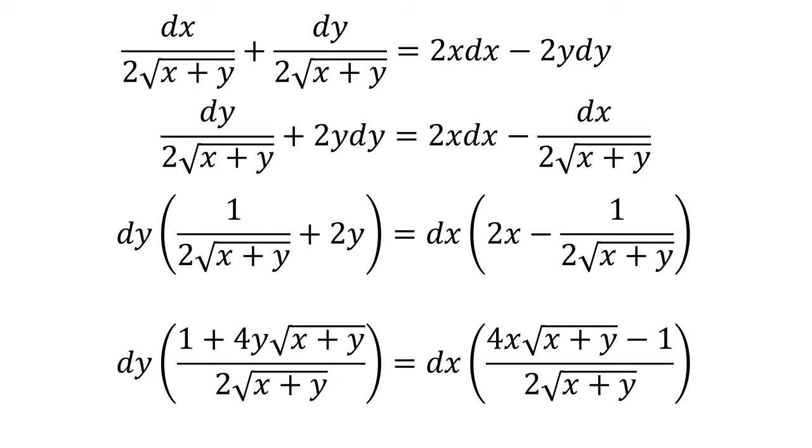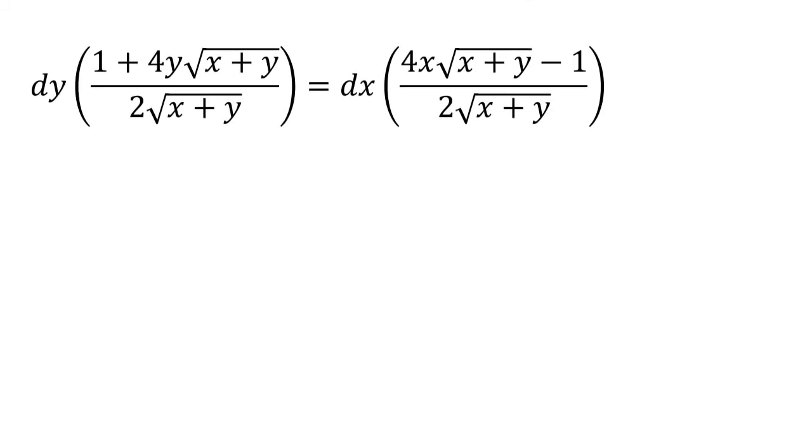So if you're going to divide 2 times square root of x plus y by 1, the result will be 2 times square root of x plus y times 2y. So this will be the result, 4y square root of x plus y. Same with what happened here.